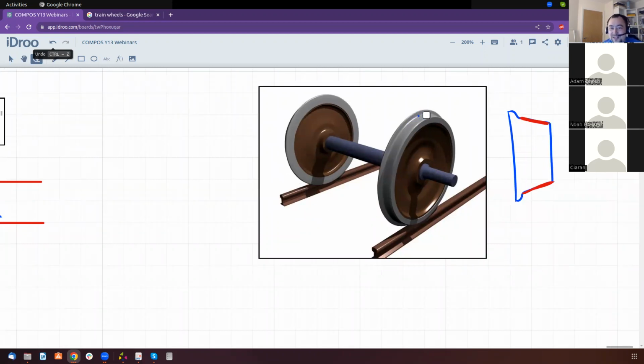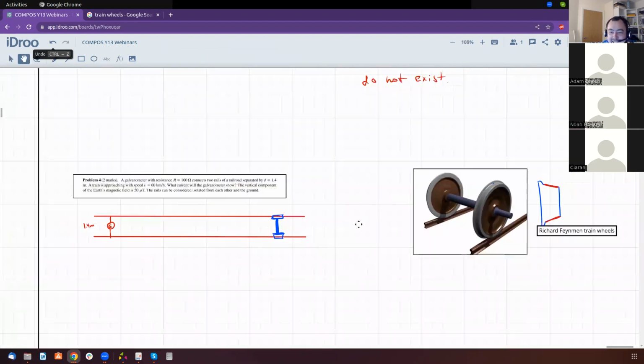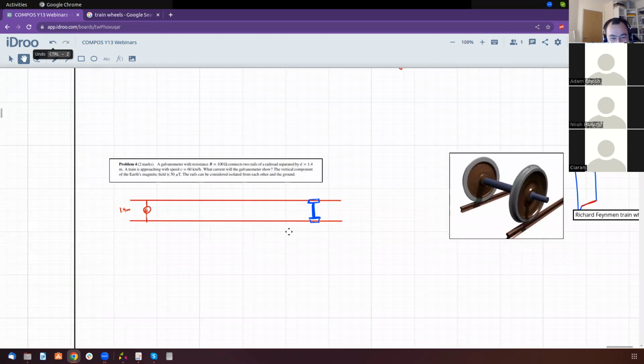So do try to figure it out, or just Google Richard Feynman train wheels. You should find it. And there's a fantastic explanation of why this happens.